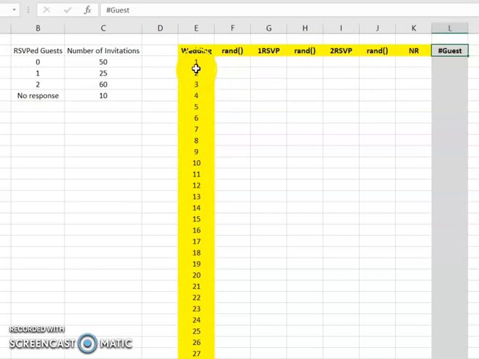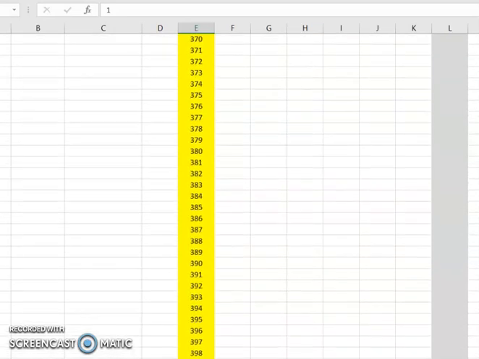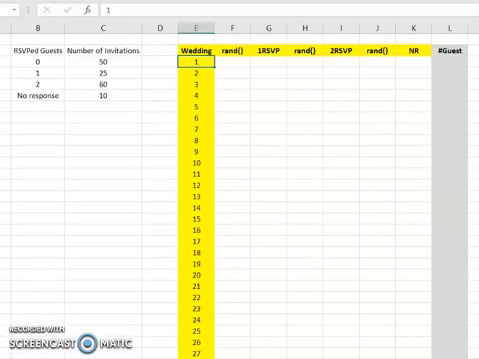Here we have the simulation of 1,000 weddings. So we are going to see 1,000 times, according to our model, what would be the number of guests who are coming. I have considered three parameters, three variables, three factors.